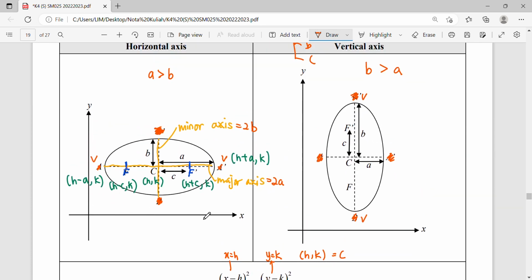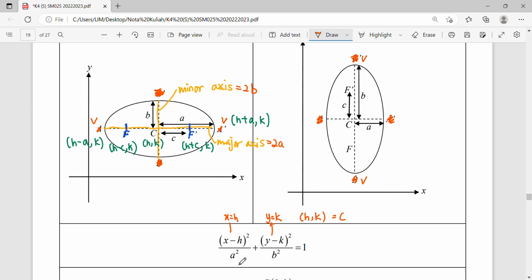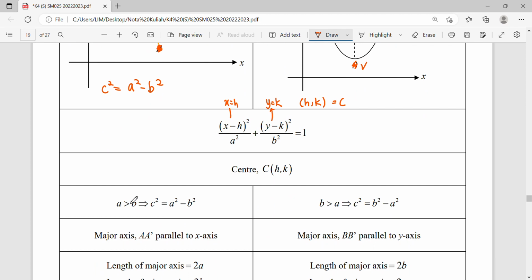So from the equation, we can read out a value, we can read out b value. So how to find c value? C value can be obtained by a square minus b square. Ambil yang panjang, square, tolak yang pendek square. Because our length cannot be negative. Okay, so this is how you get your c.